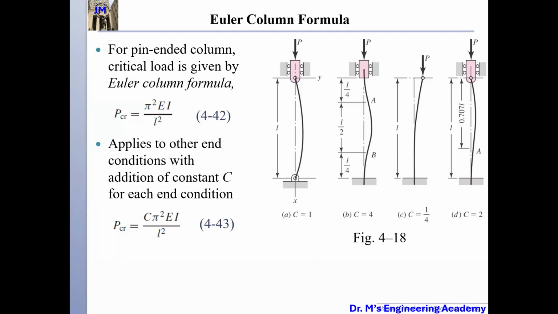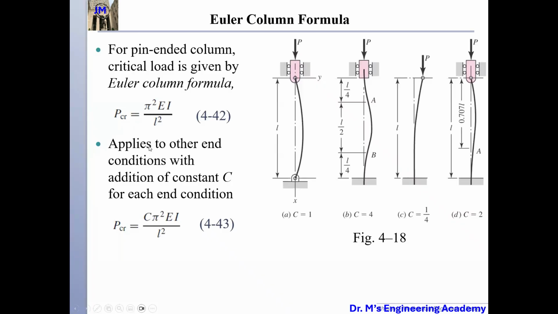You understand, right? So you can see this P_cr is proportional to the Young's modulus and also the area moment of inertia. That means the geometry of the cross-section area. However, it is inversely proportional to the length. That means the longer your column is, the lower the P_cr will be.